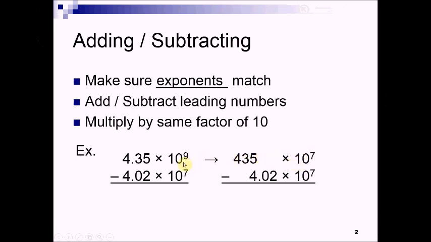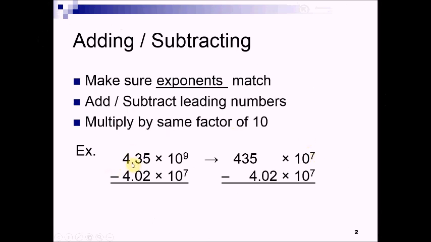So if I'm changing my exponent from 10 to the 9th to 10 to the 7th, well, that's 2 factors of 10, going from 9 to 7, and my exponent got smaller. So if my exponent got smaller by 2 factors of 10, then my leading number should get bigger.